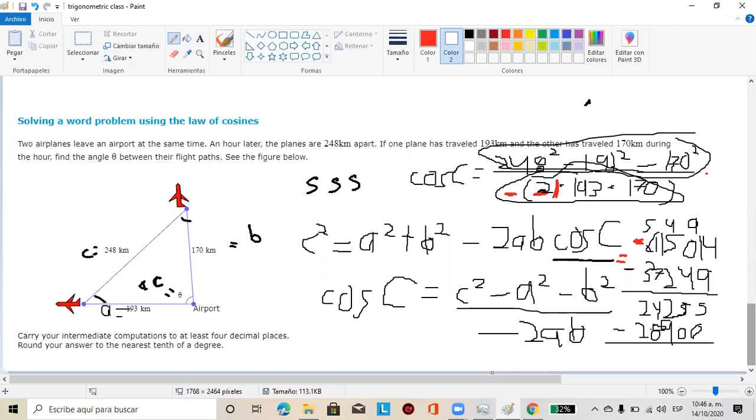So we make the subtraction and it gives minus 4,645. Okay, so we have here then minus 4,645.